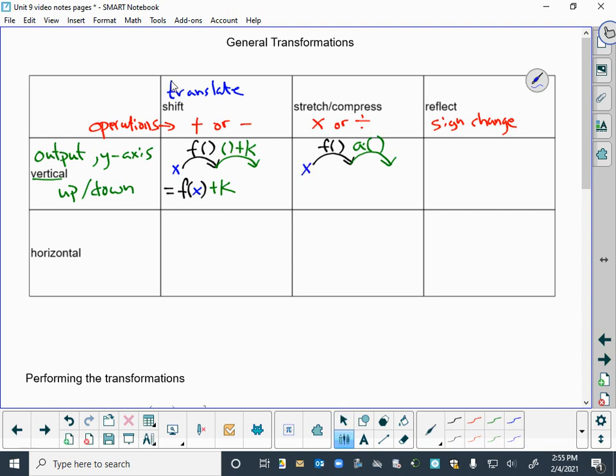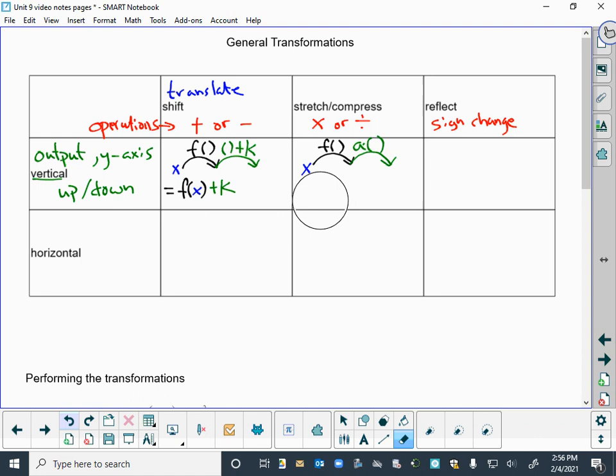If we load the x in there, the x once again goes into the parent function, and then it gets multiplied. Something bad happened there. Let me undo a couple of things, and we'll fit it back in here. It then gets multiplied by the a.